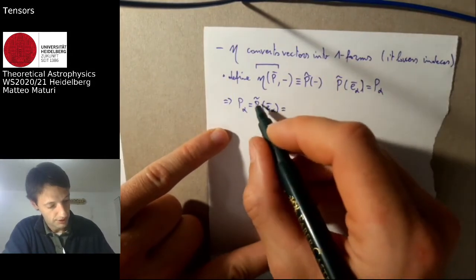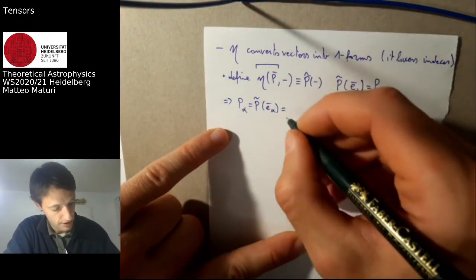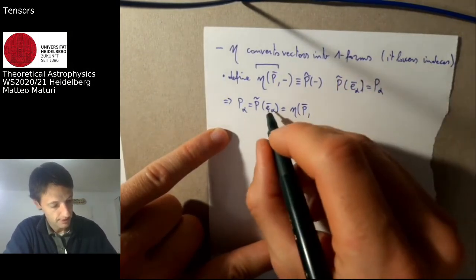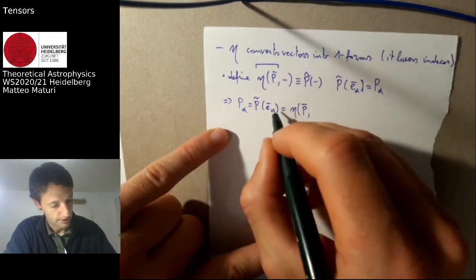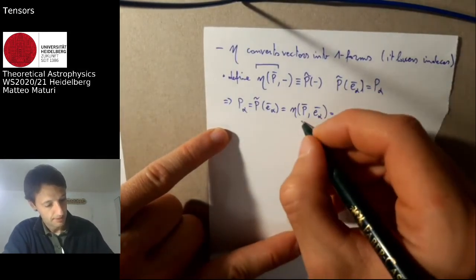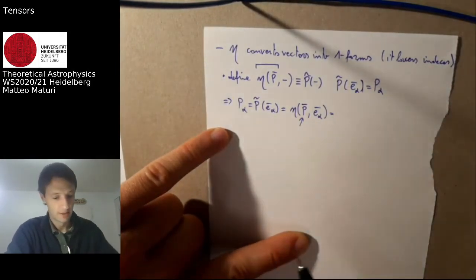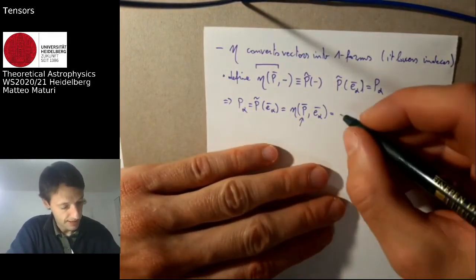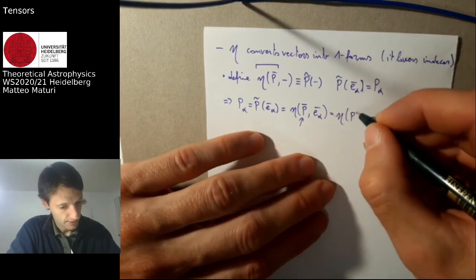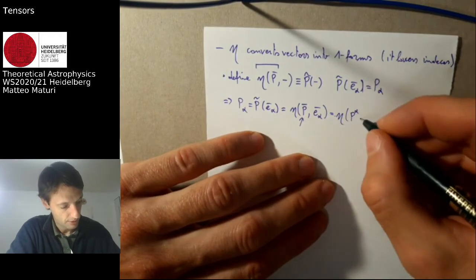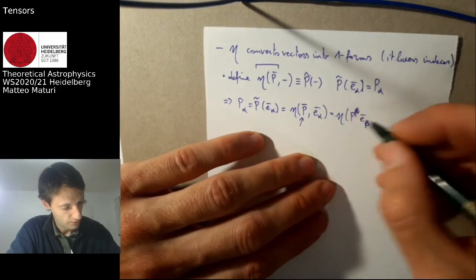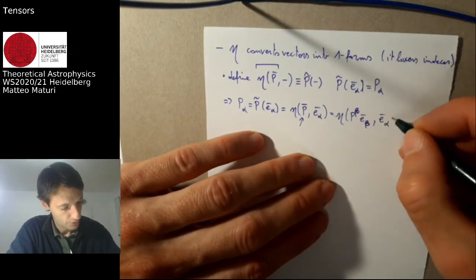which is equal, now I'm using this definition here, to nu p bar, and then the input that I'm plugging in here, E bar alpha. Then I express P as a linear combination on the basis set on which it is defined. Therefore I have nu P alpha, the index is up because it's a vector, E bar alpha, but let's change the index because I'm already using alpha there and I don't want to make confusion.